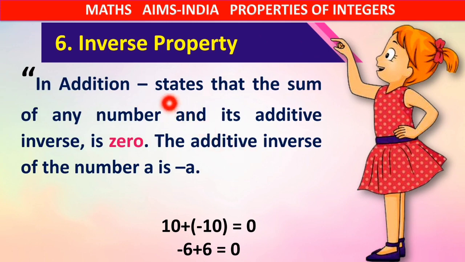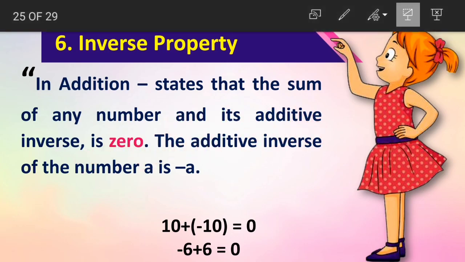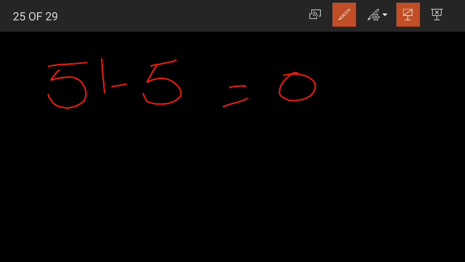Now what is the inverse property? In addition, it states that the sum of any number and its additive inverse is 0. Again, as in the example where I put 5 leaves in a box and then removed all the 5 leaves, I got 0 as the answer, right?